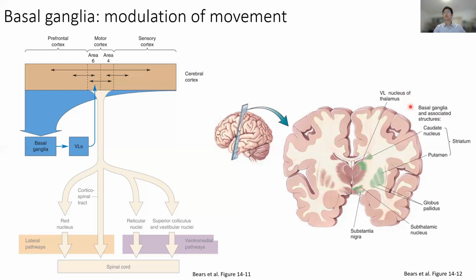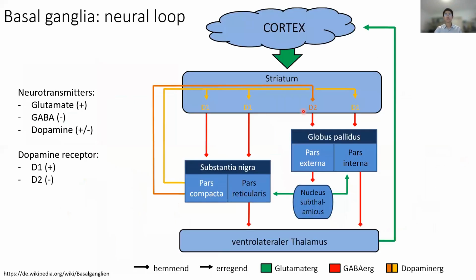So, okay, let's know that there are 5 components of the basal ganglia, because later we will put these 5 structures as 5 blocks, and we will see the connection between these 5 blocks. So in this slide, exactly we have these 5 blocks: striatum, it's 1 block; 2nd block, substantia nigra and globus pallidus; 3rd block, the nucleus subthalamus; the 4th block, and the ventrolateral thalamus, the 5th block.